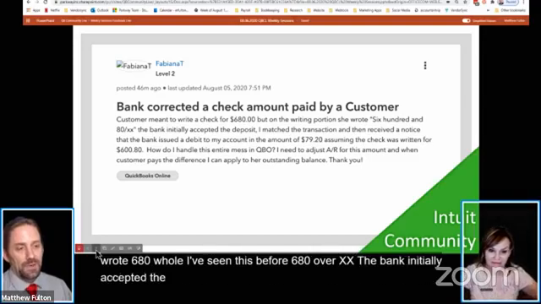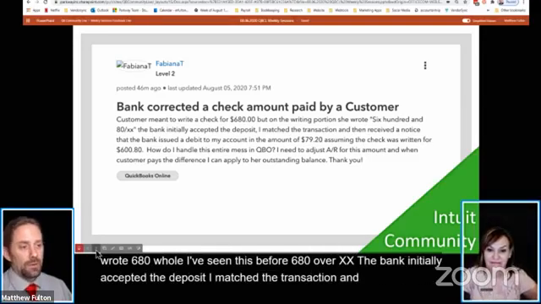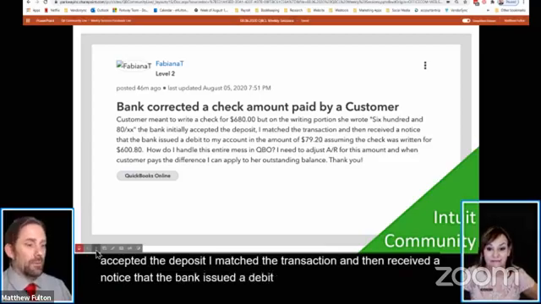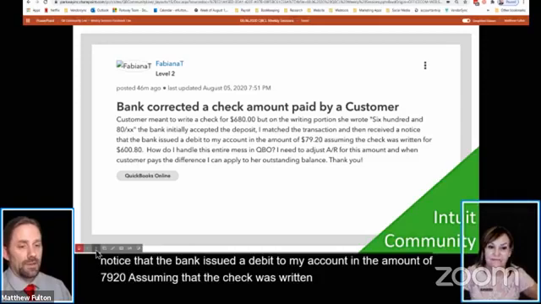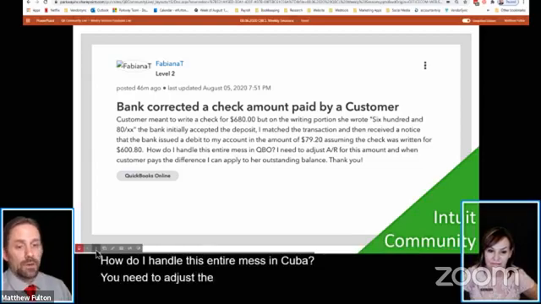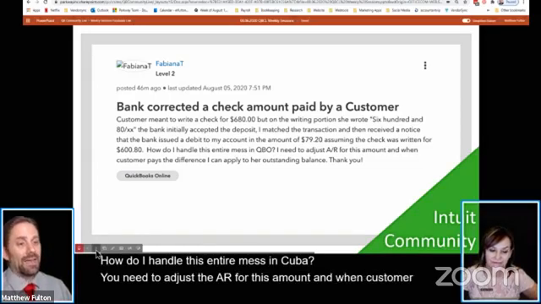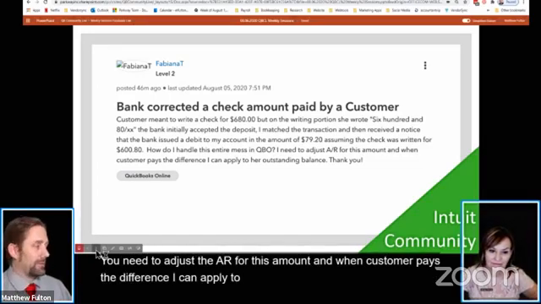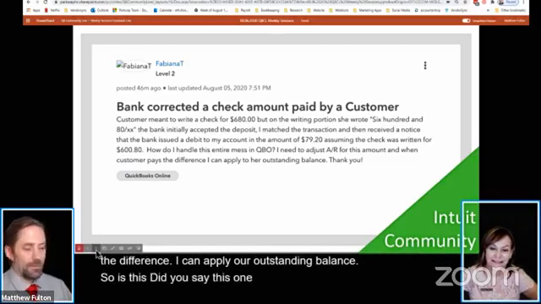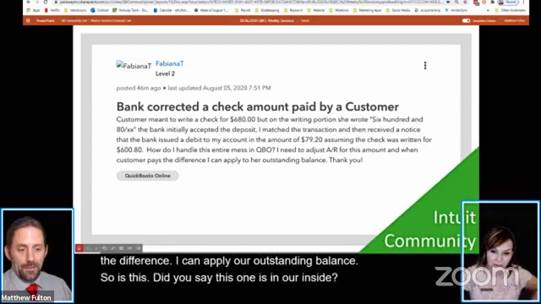I matched the transaction and then received a notice that the bank issued a debit to my account in the amount of $79.20, assuming that the check was written for 680 cents. How do I handle this entire mess in QBO? I need to adjust the AR for this amount, and when the customer pays the difference, I can apply it to her outstanding balance. Did you say this one is inside the QB community?